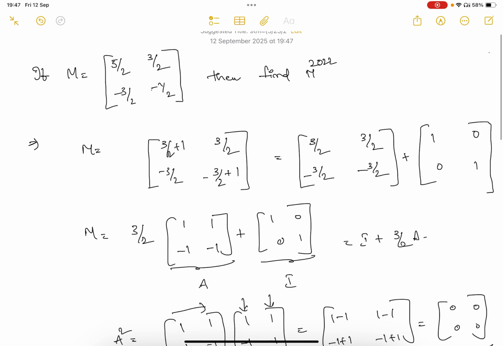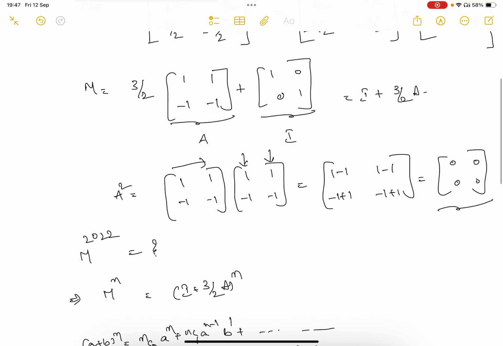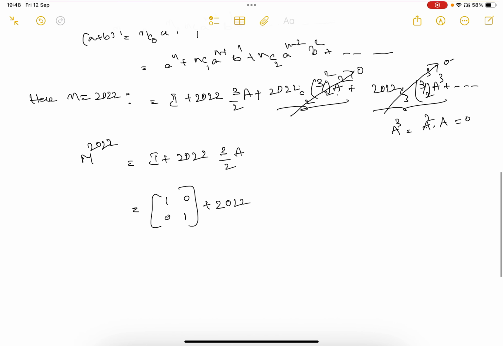Here A is 1, 1, minus 1, minus 1. A is 1, 1, minus 1, minus 1, right? 3 by 2 into this is 1, 1, minus 1, minus 1, right?